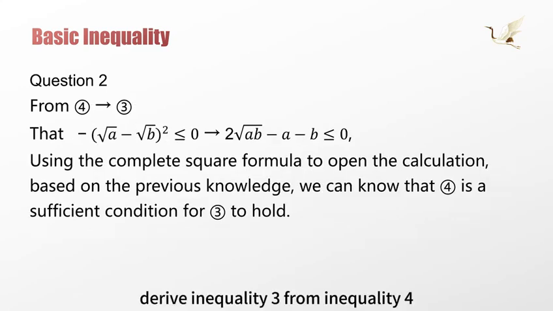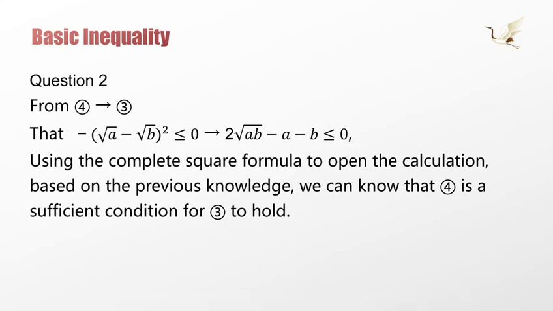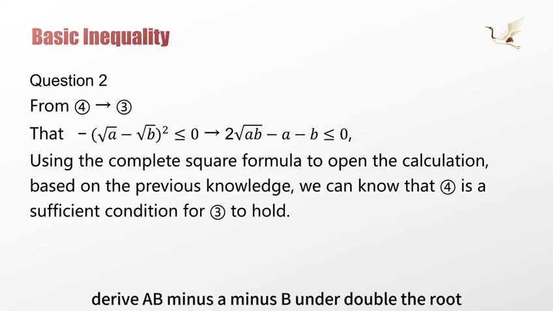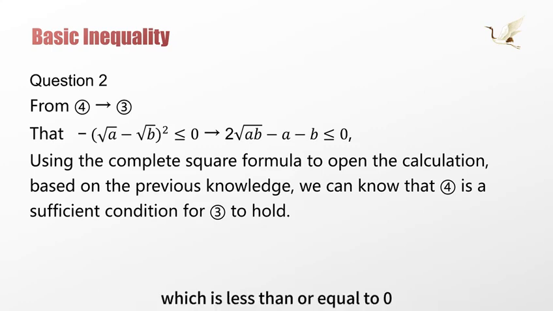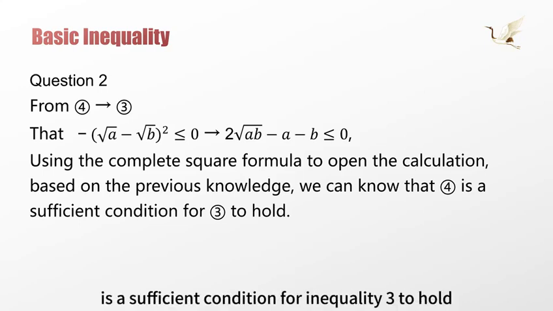Derive inequality 3 from inequality 4, that is, (negative root a minus root b) squared is less than or equal to 0. Derive that the double root of ab minus a minus b is less than or equal to 0. Here, we use the complete square formula to simplify the calculation, and we can also conclude that inequality 4 is a sufficient condition for inequality 3 to hold.